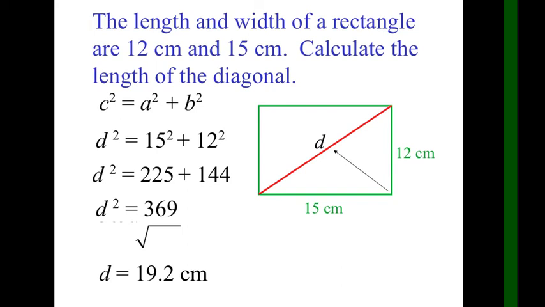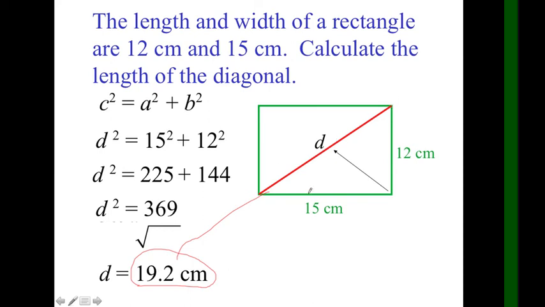At the same time, kung napapansin ninyo, yung mga hypotenuse, since they are the longest side, they should have the longest unit of measurement. So dito 15, 12, pero mas malaki pa yung 19.2. So ibig sabihin, kapag sinabing hypotenuse, that's the longest side. Okay?